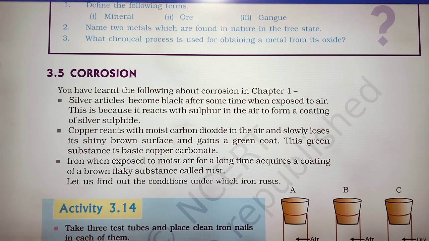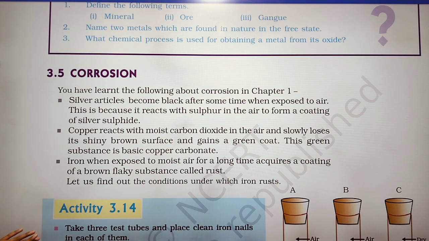So silver becomes black after some time when it is exposed to air, because it reacts with the sulfur in the air to form a coating of silver sulfide. That's why it turns black.